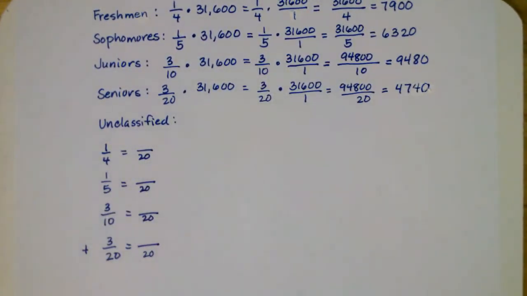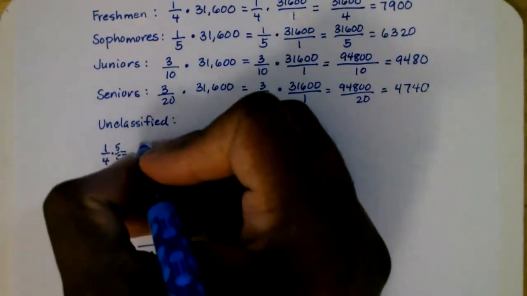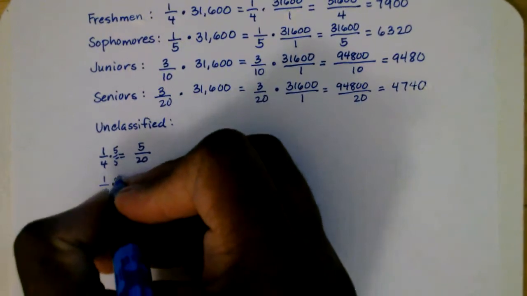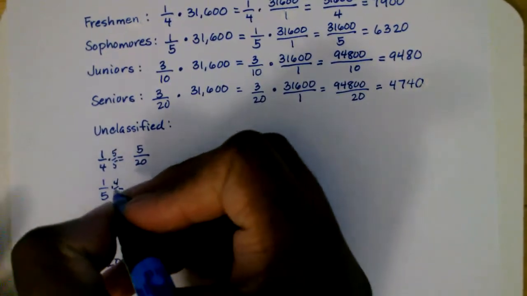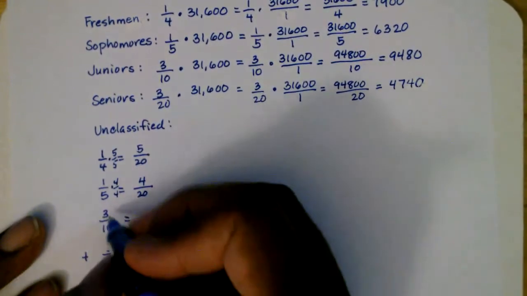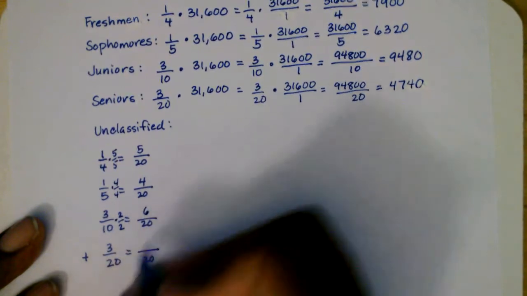Okay. Now, for the 1/4, I have to multiply the numerator and the denominator by 5 and convert that to 5/20ths. And then for 1/5 with the denominator of 20, I need to multiply both the numerator and the denominator by 4. Now I have 4/20ths. For 3/10, I have to multiply the numerator and the denominator by 2 to get 6/20.